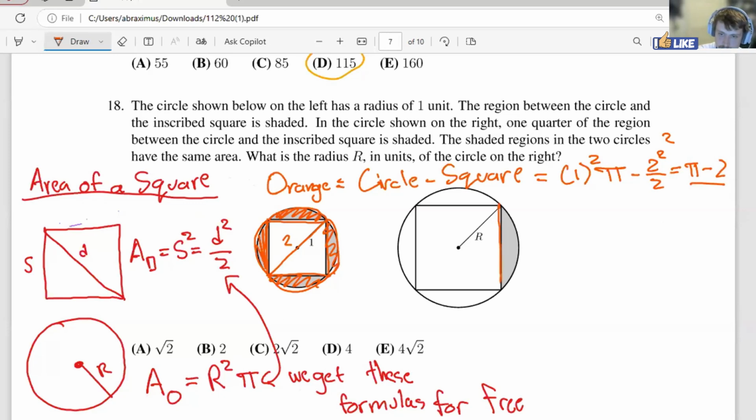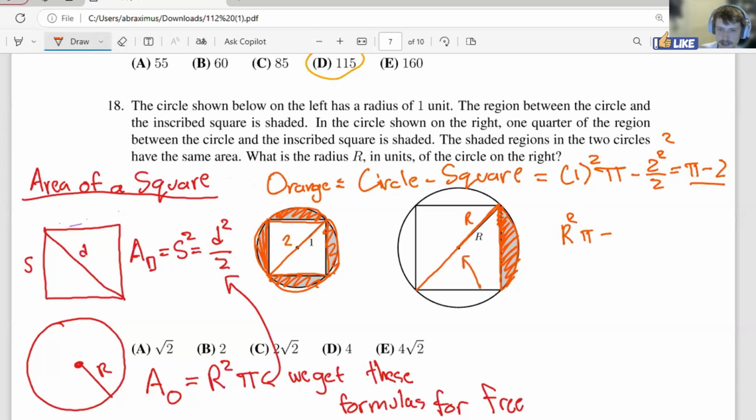And they're telling us that this orange area over here is actually the same. All they tell us about this configuration is that it has a big radius, r. So we have big radius r, and that is going to be equal to capital R squared times pi, the area of the big circle, minus the area of the big square.